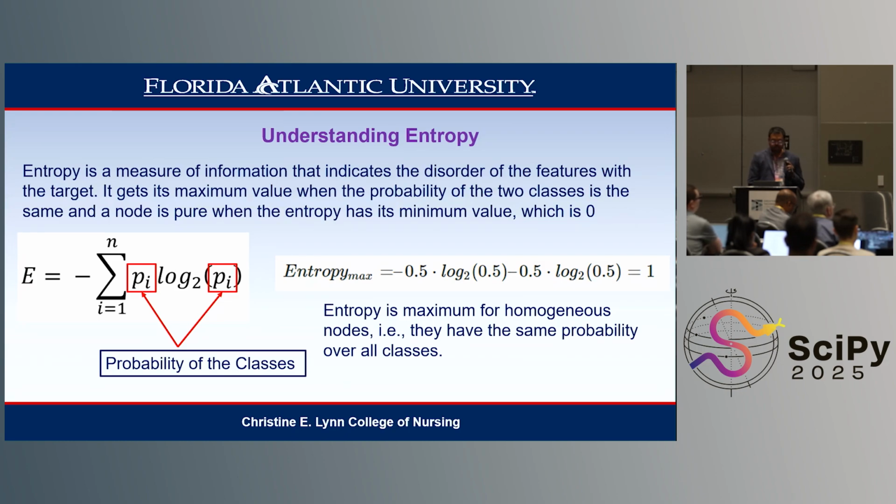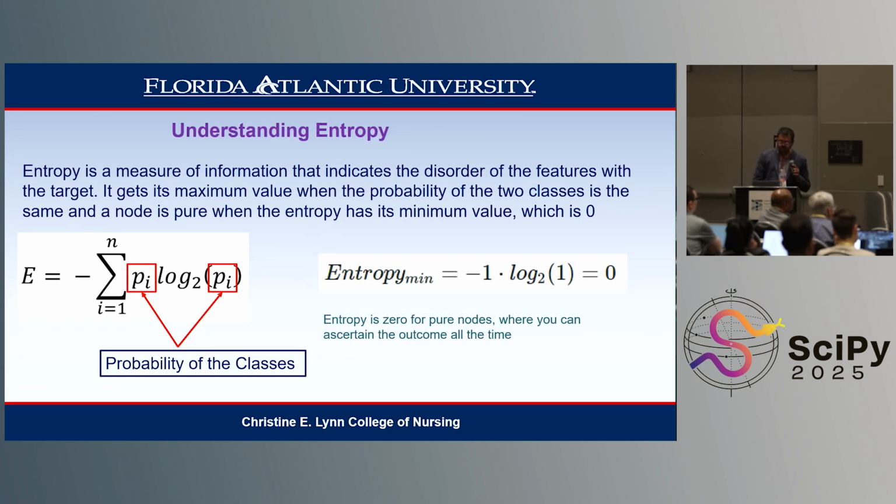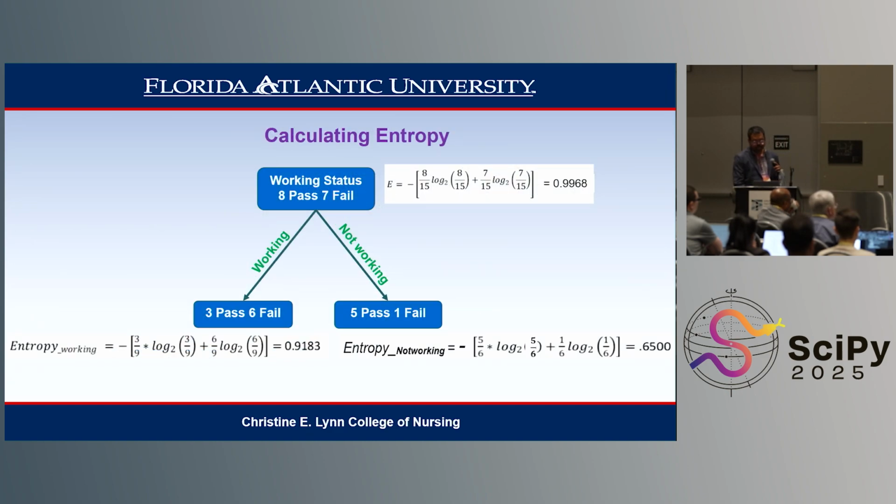And the entropy is going to be 0.5 multiplied by log 2 of 0.5 for picking the green ball, plus this for the blue ball, and you get equals 1. And when you have a completely separated container, for the other class you are going to get 0 probability, and that's why it's going to end up getting 0, or vice versa.